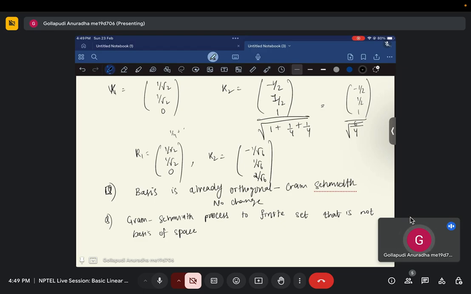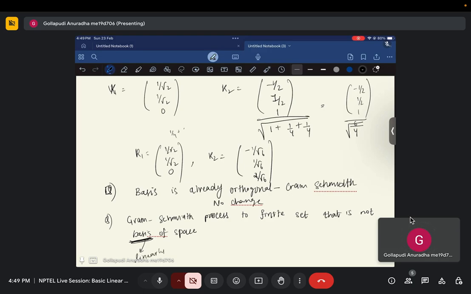What will happen if you do the Gram-Schmidt process to a finite set of vectors which are not a basis of the space? What does that mean? Are they linearly dependent or independent?